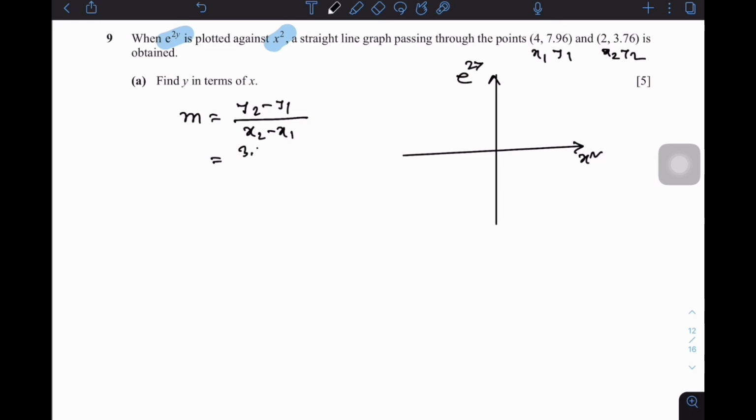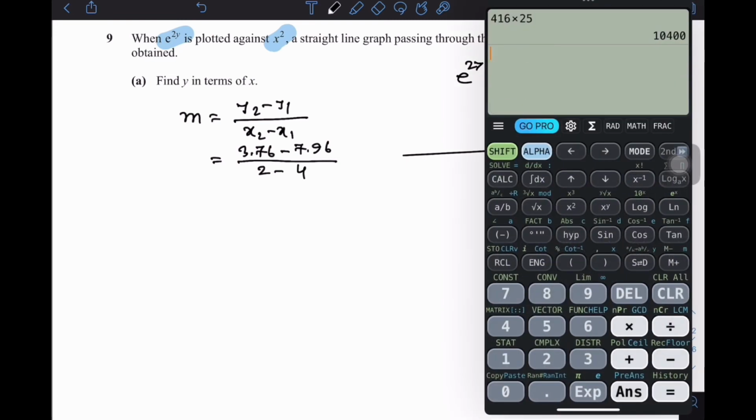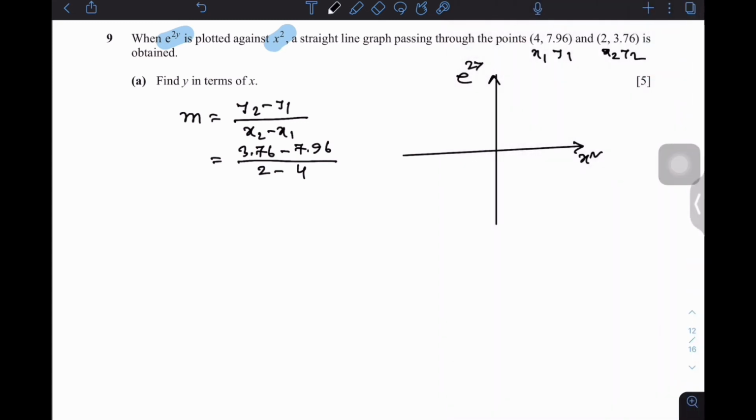So 3.76 minus 7.96 divided by 2 minus 4. Now let us use a calculator to simplify this. 3.76 minus 7.96 divided by minus 2. So this is 2.1.